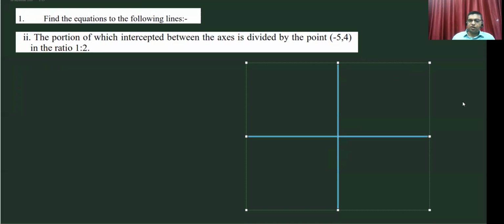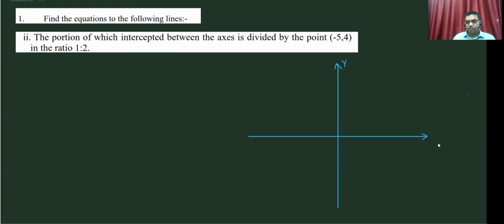Of course, that is not important to solve the problem of straight line. You can still do it, but it is useful when we are visualizing minus 5, 4. So somewhere here.